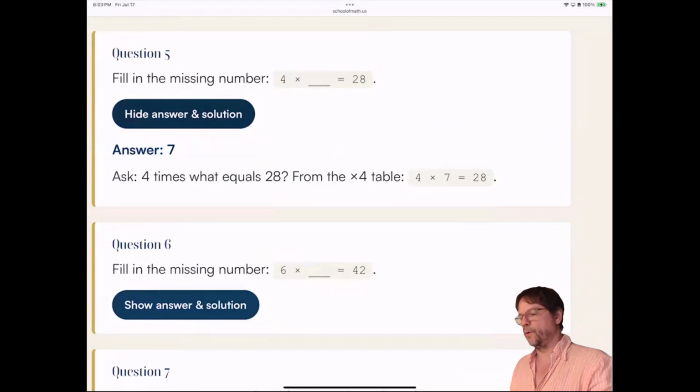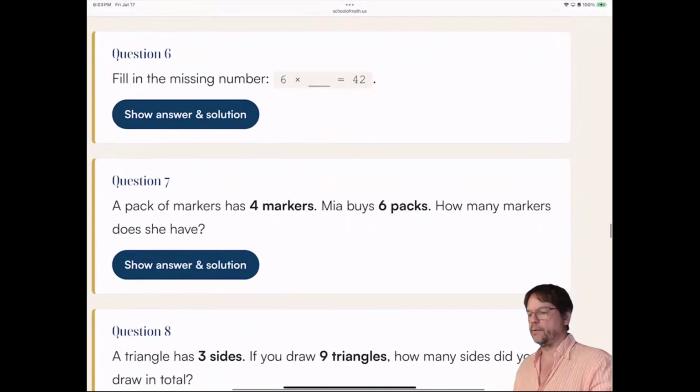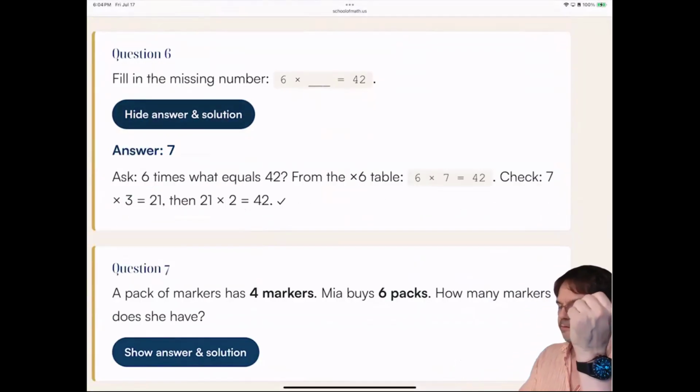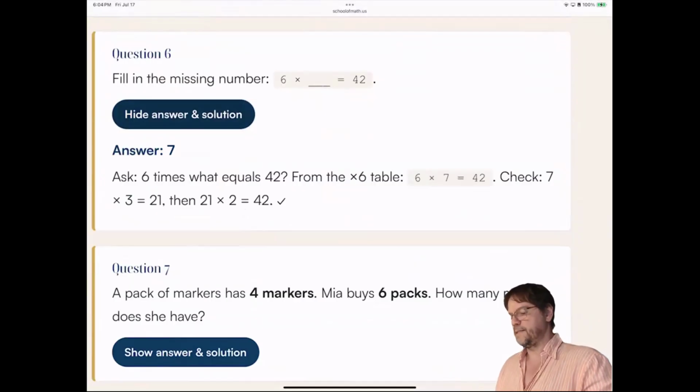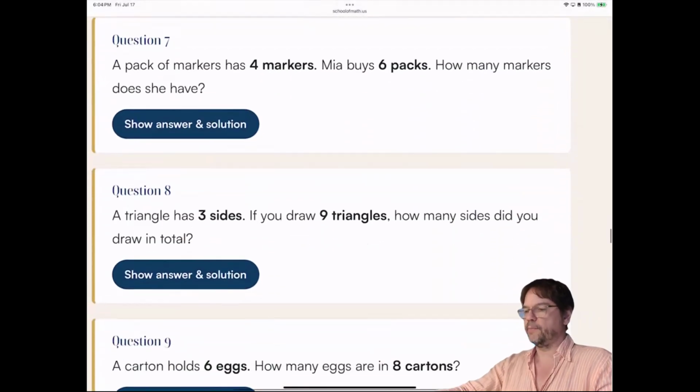There are many ways to do this. Next one, please. 7 again. Okay. So 7 times what equals 42? 7 times 6 is 6 times 7. Or you could think 42 divided by 6. Question number 7, please.